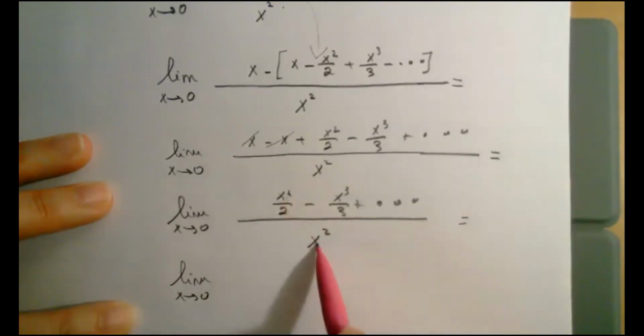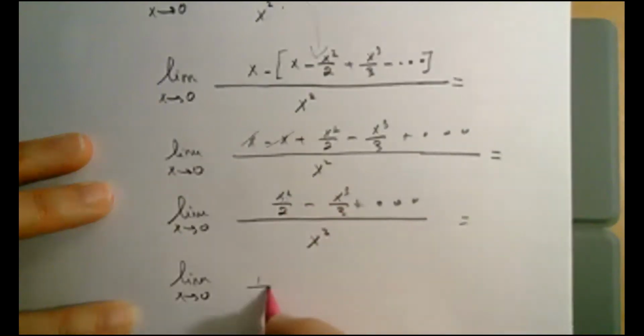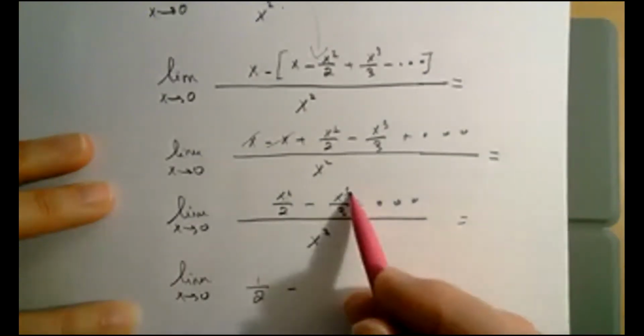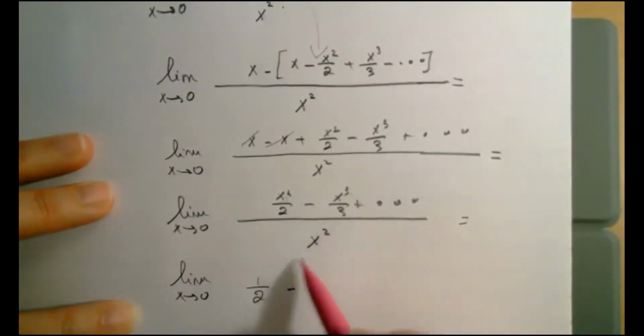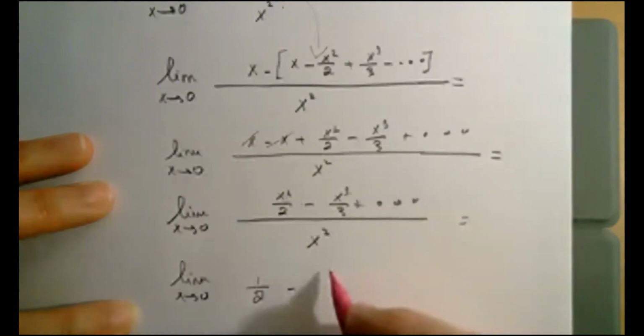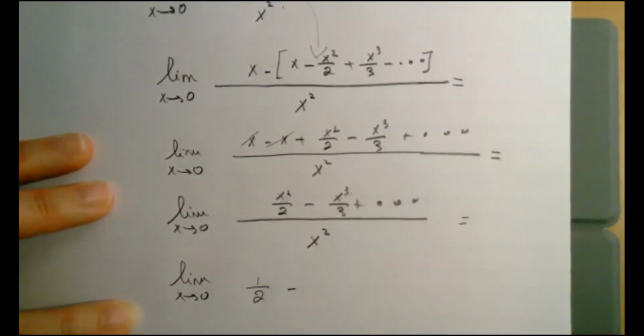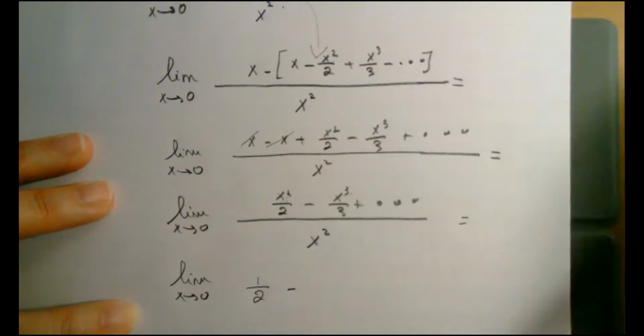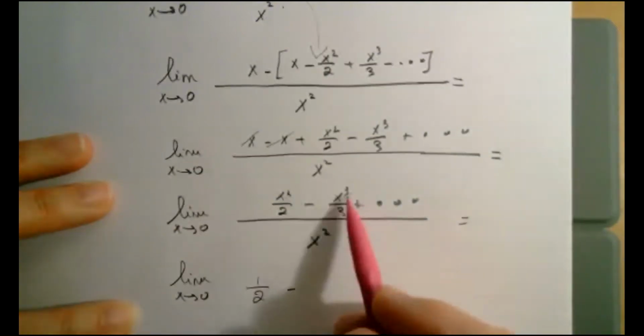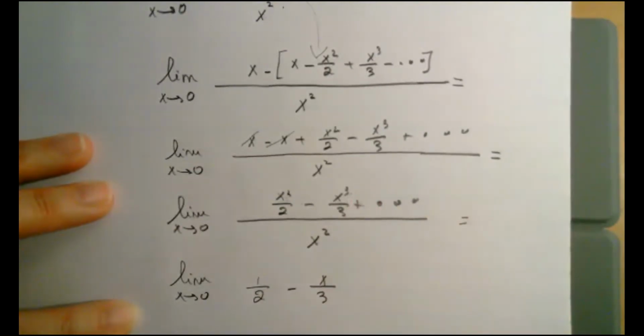x squared over 2 divided by x squared is going to give me a half. Am I right? Minus what? x cubed over 3 divided by x squared will give me what? Quick, help me out. I want to make sure that you follow me. Give me x over 3.